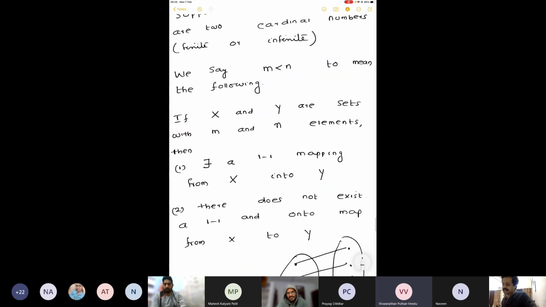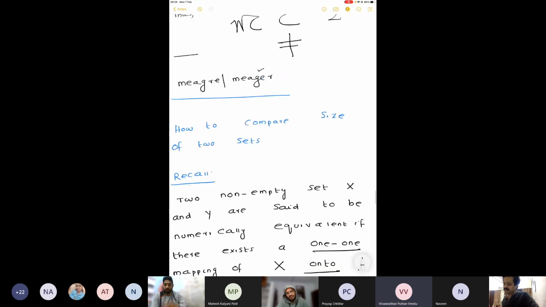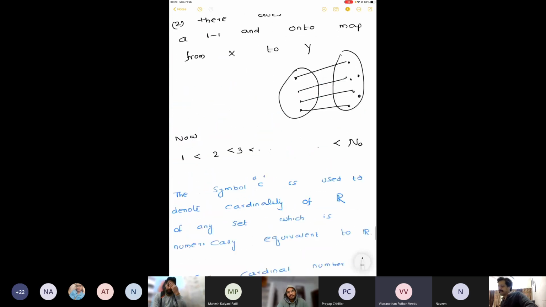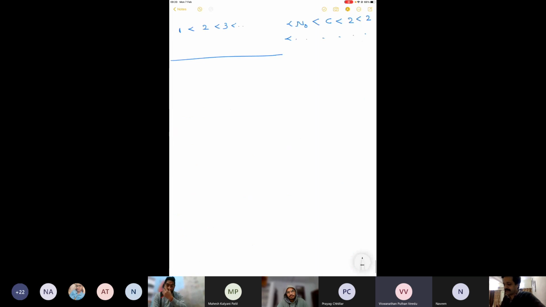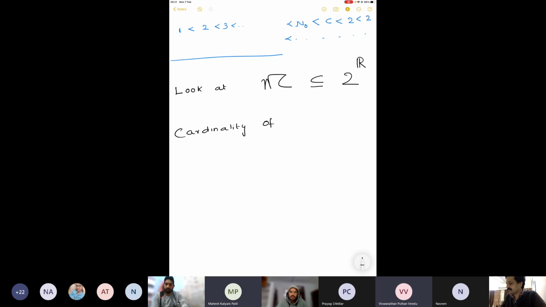Now, with all this background, let us go back to our concern, namely M, 2 power R, etc. Now, look at M, which is contained in 2 power R. What is the cardinality of 2 power R? C. 2 power C. It is greater than C. Okay.